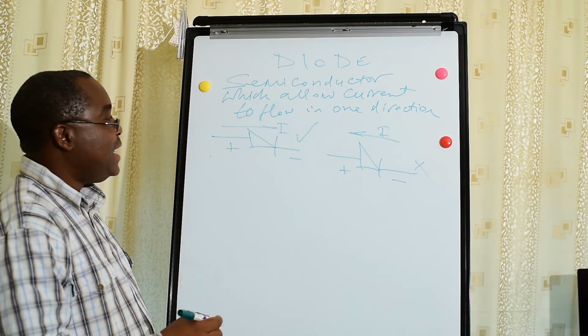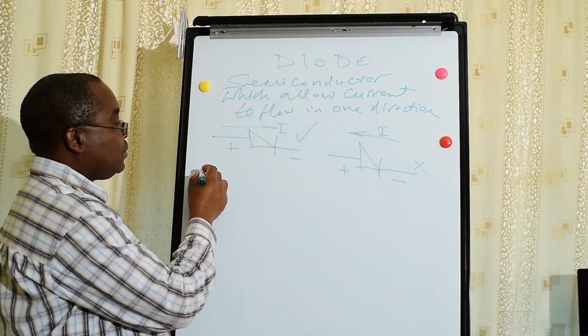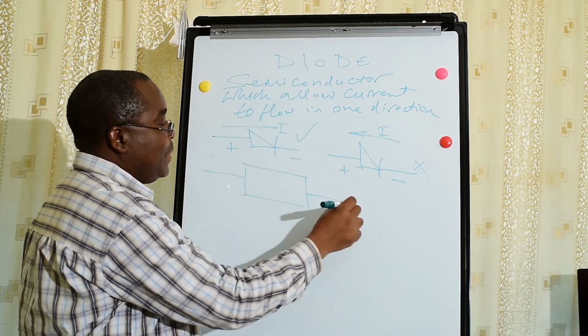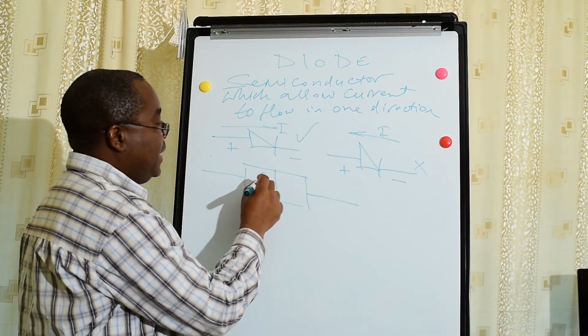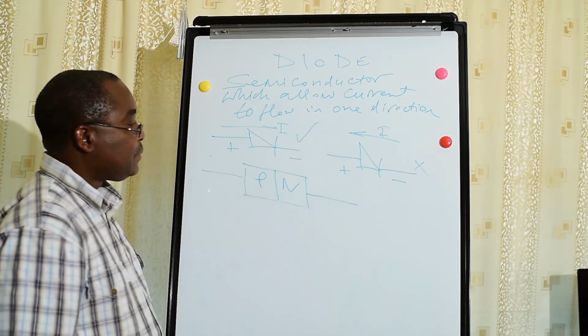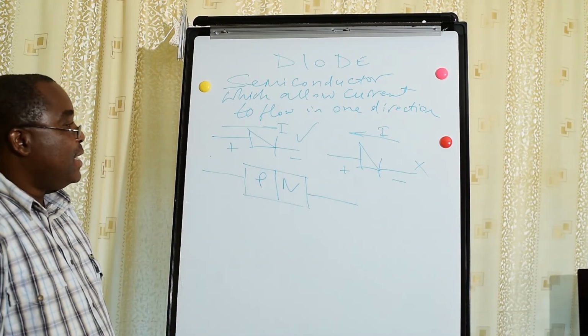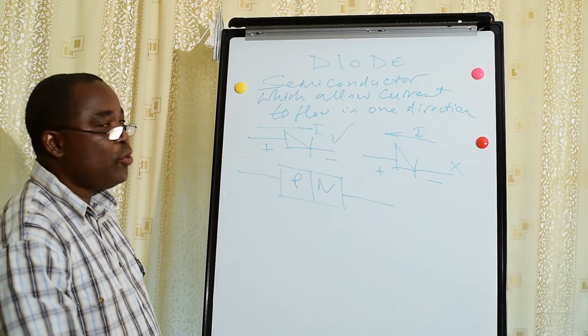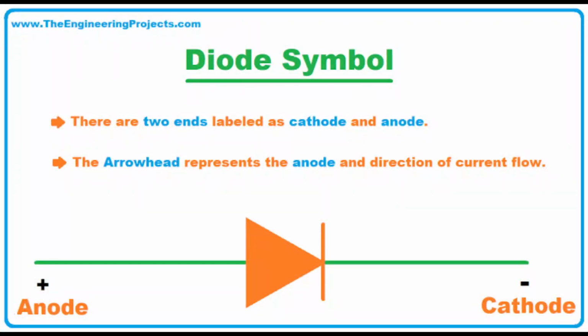The diode is made of two materials, P and N. This is a silicon diode which has been doped with P material, and also it is doped with N material. So you put together P and N, you get the diode.